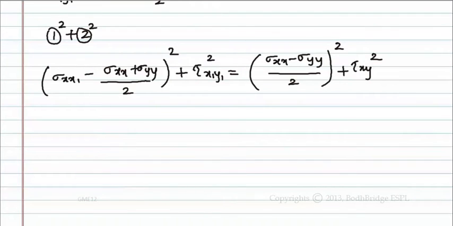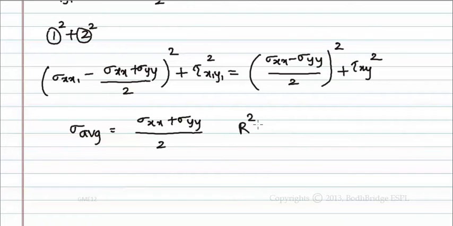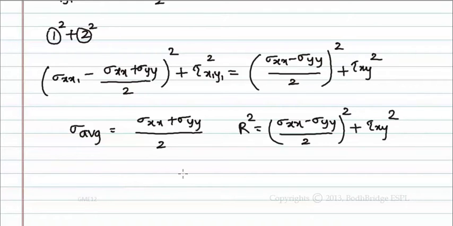But we know in Mohr circle sigma average is equal to (sigma xx plus sigma yy)/2, and r square is equal to ((sigma xx minus sigma yy)/2) whole square plus tau xy square. So substitute these two values in the above equation.